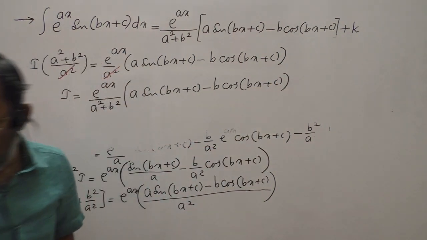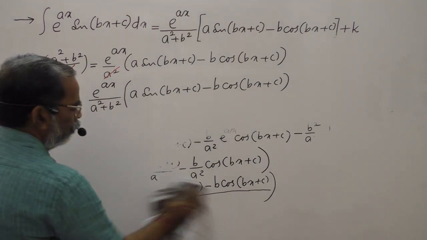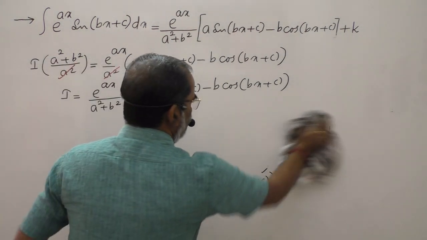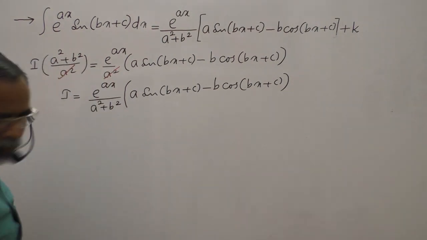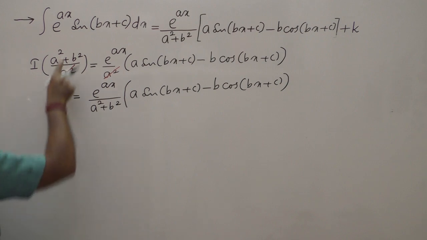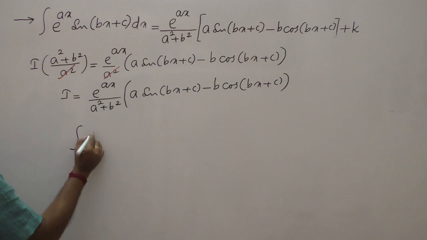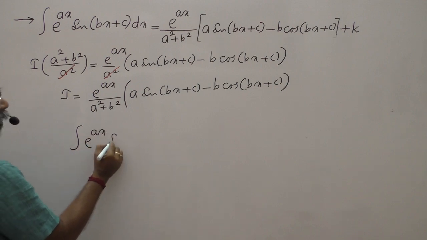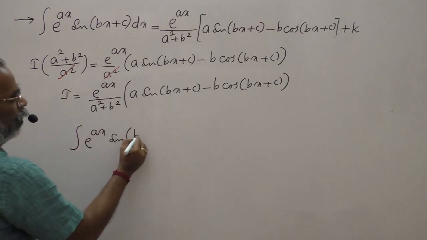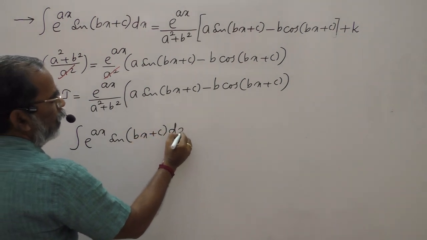So we have this. So finally what is this integral? We will take this as a formula. Actually it belongs to integration by successive reduction. What is I? I was this integral, no? Integral e power ax into sine of bx plus c into dx.